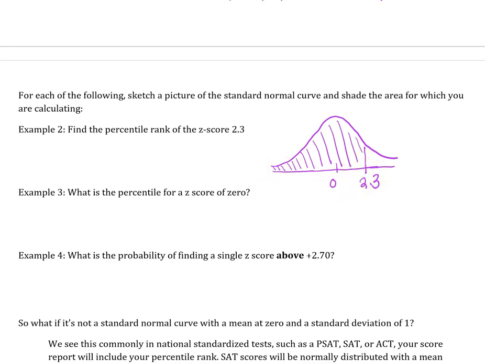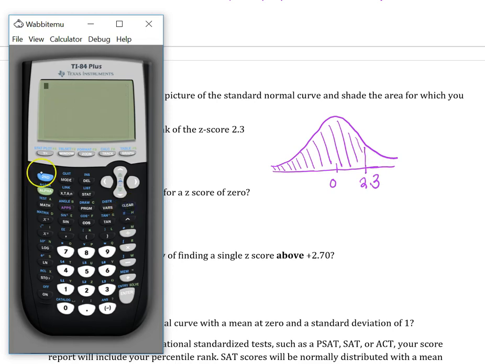Let me pull my calculator up. Second vars, option 2. Okay, now you could do negative and then second comma for the E, 99 like that. I think I needed a 1 in there. Second. Yeah, that should have worked. Negative E 99.